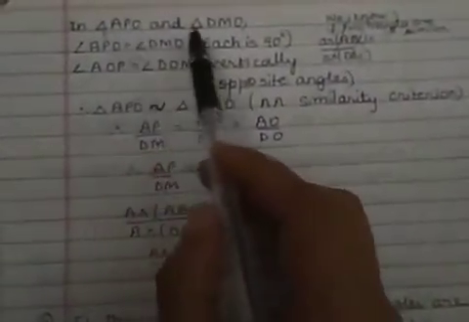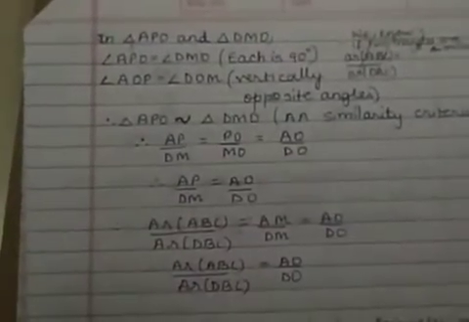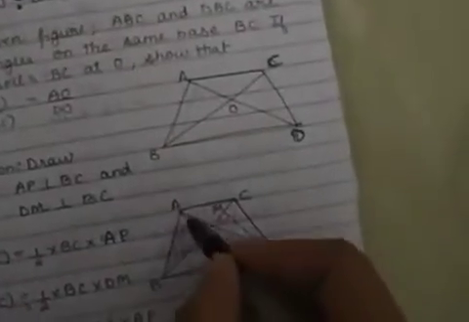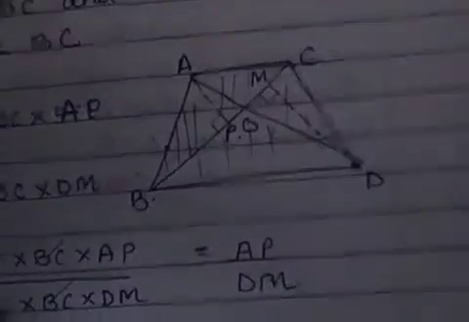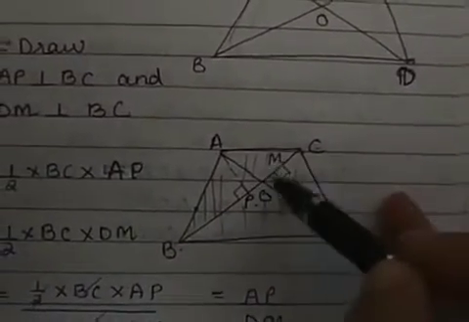So in triangle APO and triangle DMO, angle APO is equal to angle DMO. Now what we are trying to show is that we are taking the triangles APO and DMO.